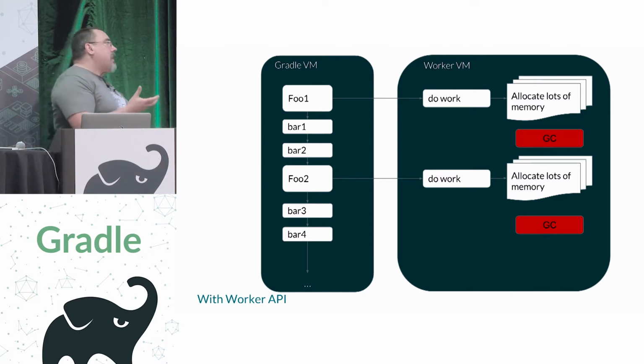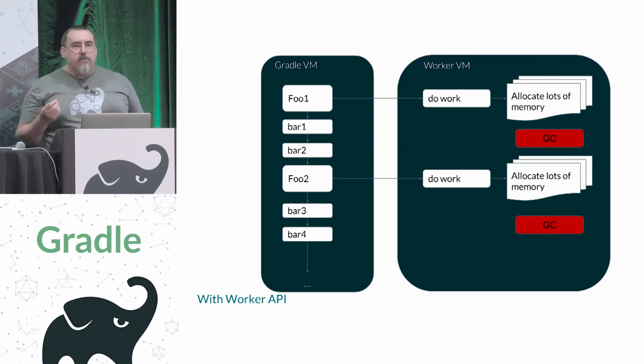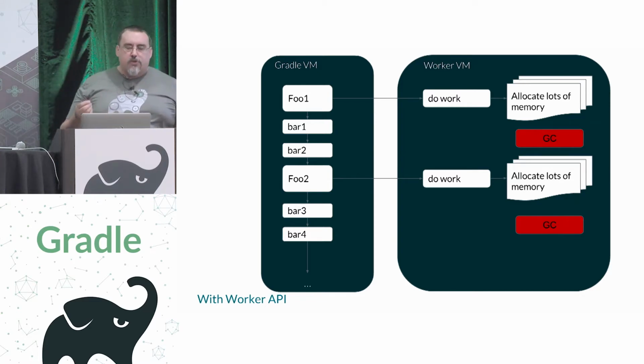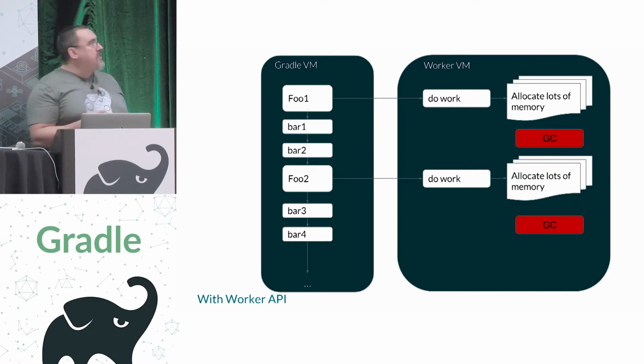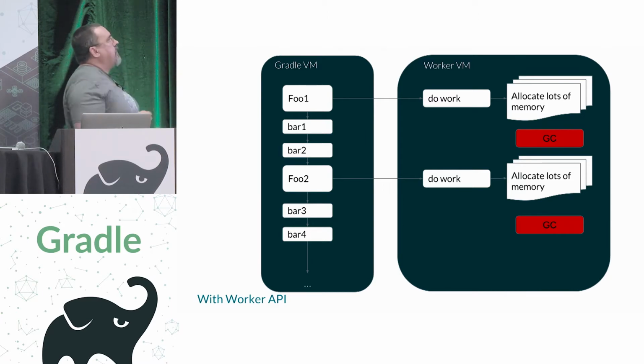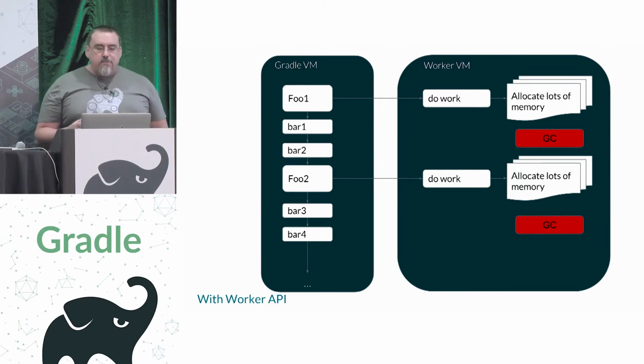Now, as we know, garbage collection is not free, right? There's going to be system resources that get consumed. But the point is I at least have the opportunity to run additional tasks because I'm not tying the heap size to the build VM. I'm tying it just to the worker VM, which is isolated to the work for the foo tasks.